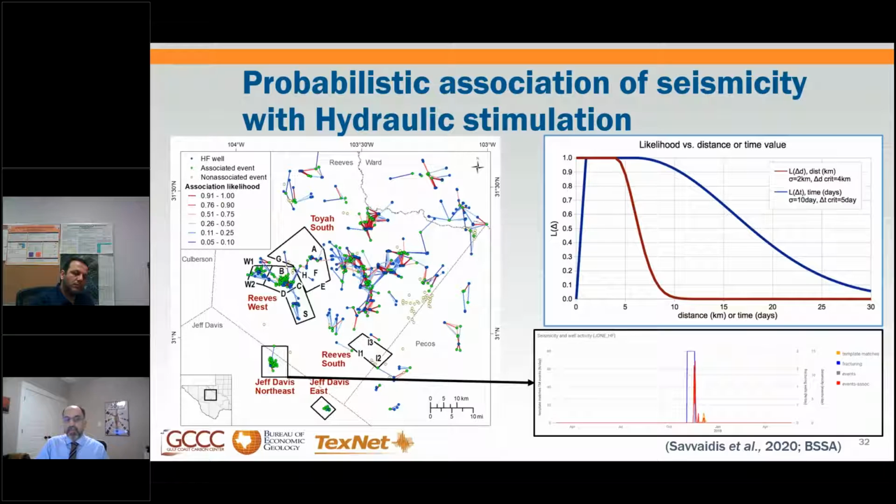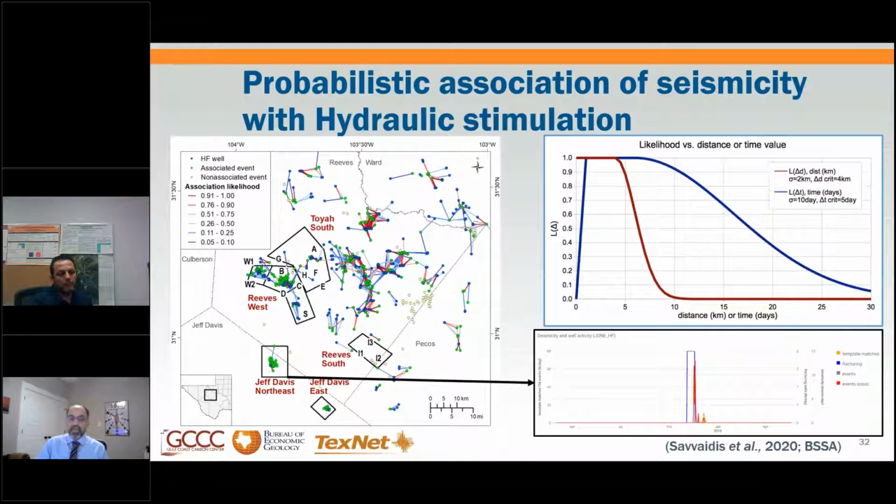We know from the literature that induced seismicity related to fracking occurs during the time of the fracking and a few weeks after that. And also we know that it is very prompt. It happens for a few days or weeks and then it stops.